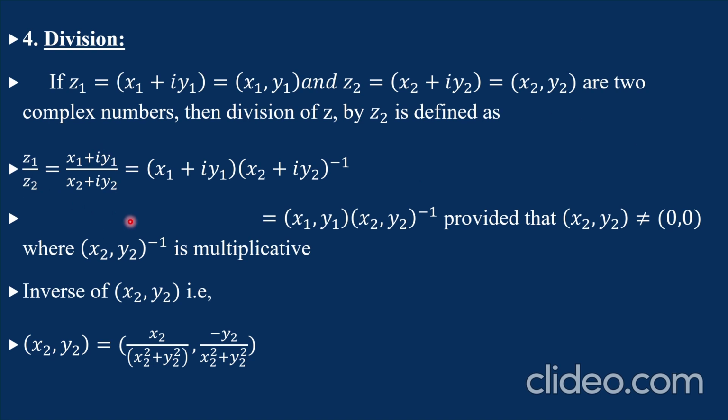The denominator can be written as (x2, y2) to the power minus 1, where (x2, y2) to the power minus 1 is the multiplicative inverse of (x2, y2). That is, (x2, y2) to the power minus 1 is equal to (x2 divided by x2 squared plus y2 squared, comma minus y2 divided by x2 squared plus y2 squared).